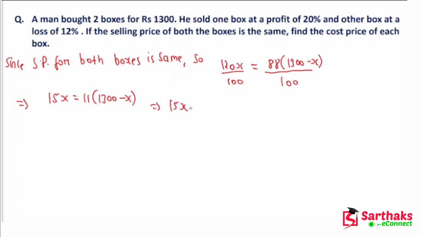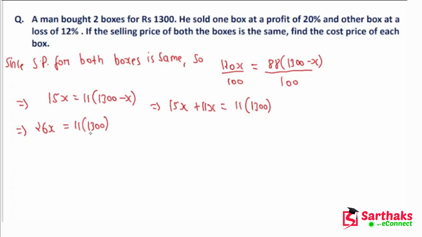So 15x equals 11 into 1300 and minus 11 into x. If you bring minus 11x over here, it would be 11x, and this would be 11 into 1300, right? So this will be left. Now calculating them, it would be 26x is equal to 11 into 1300.